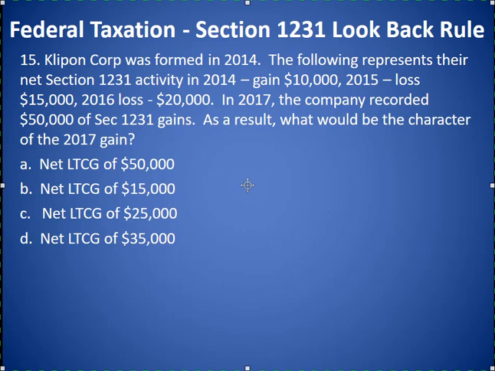In 2016, there was a loss of $20,000. In the current year, 2017, the company recorded Section 1231 gains of $50,000.